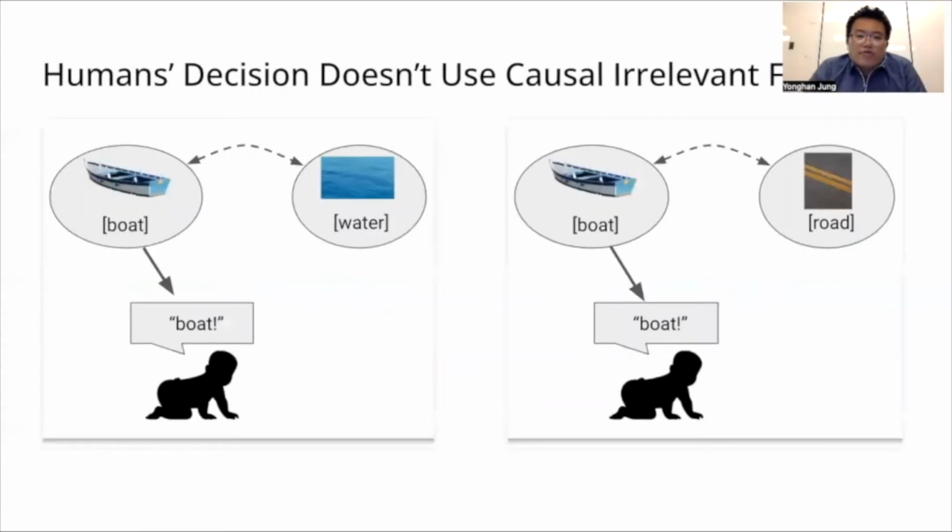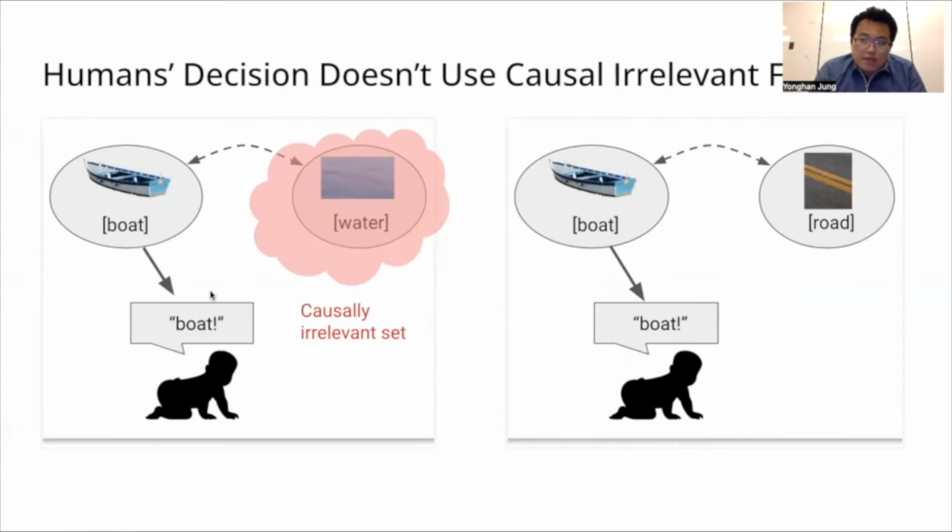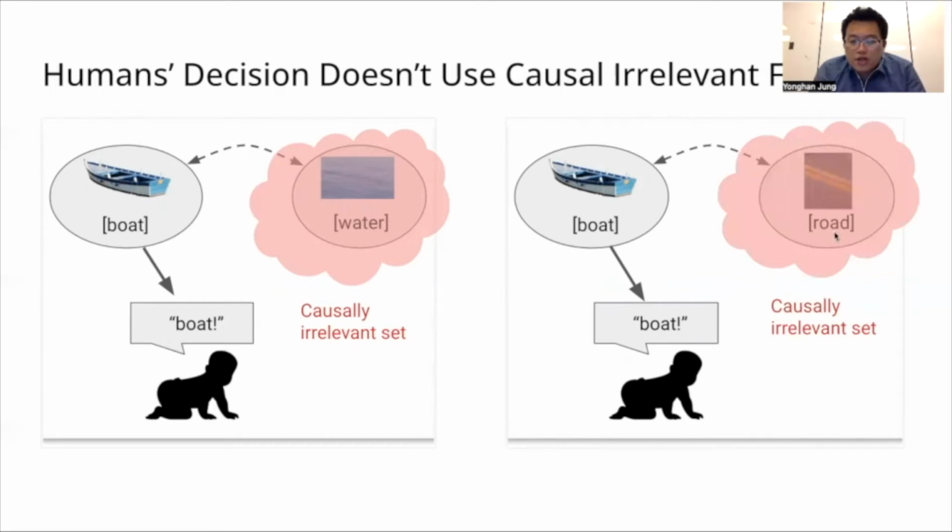So let's go back to our example. Here, this water background is causally irrelevant because it's not a direct cause of the true label. In the same sense, this road is also a causally irrelevant set because it's not a parent of the true label.